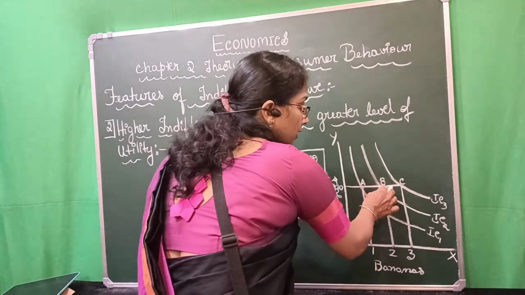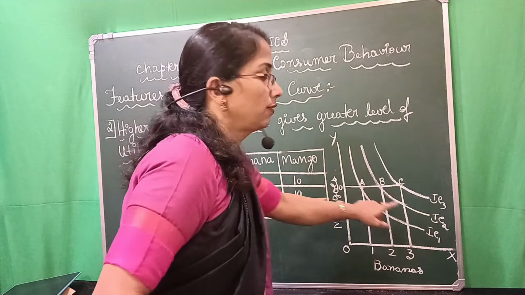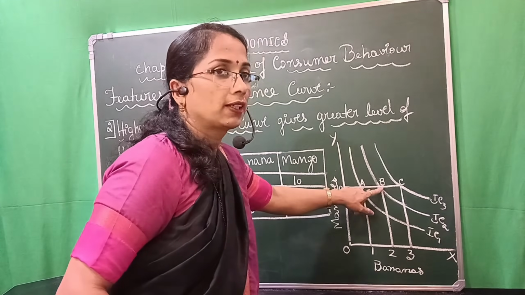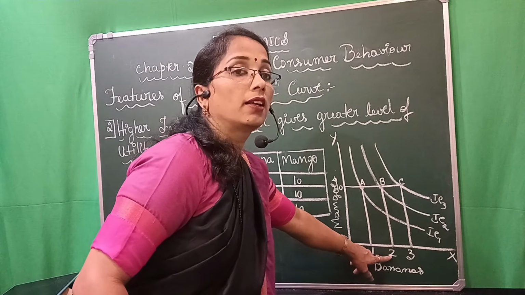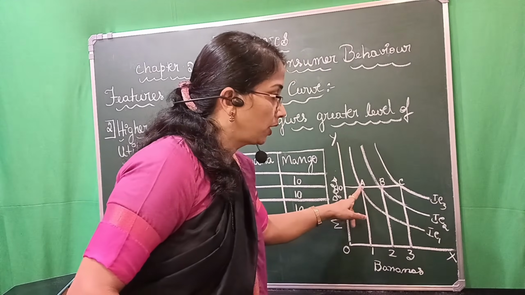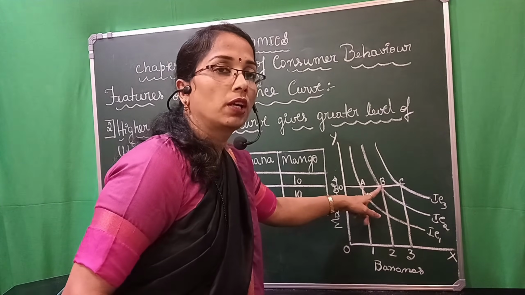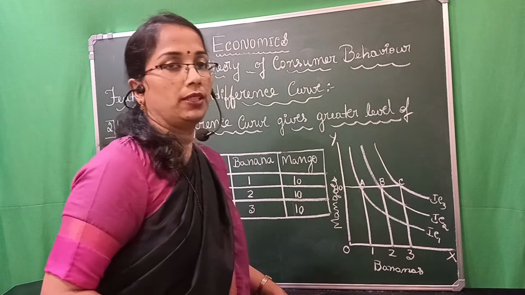Suppose we take this point on IC2 curve that shows 10 mangoes are there but the number of bananas is increased to 2. That means compared to this, the consumer is in a better position or is getting more utility at point B.